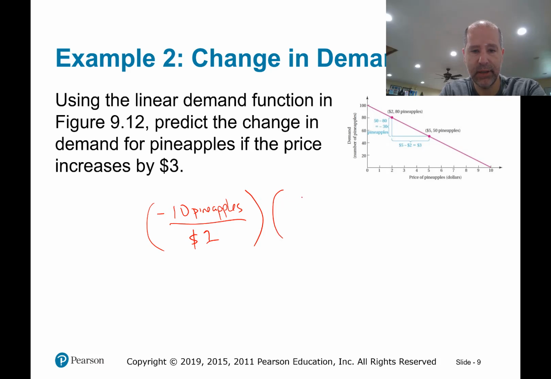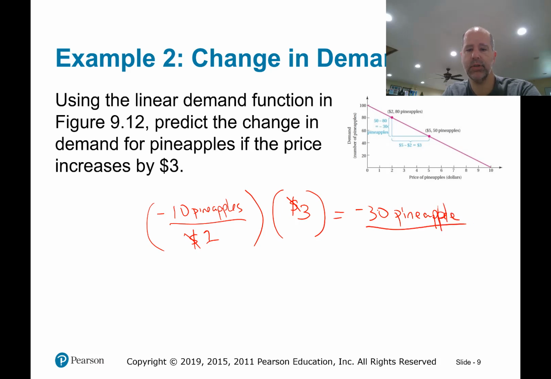So that's the change in the independent variable. And so if we multiply these together, we'll notice that dollars are going to cancel with dollars and we end up with pineapples. So we just multiply across the top and we get what? Negative 30 pineapples, which makes sense, right? Based on what we just discussed. So we're going to lose, on average, 30 pineapples per day in sales.